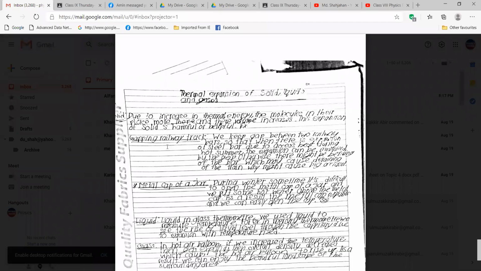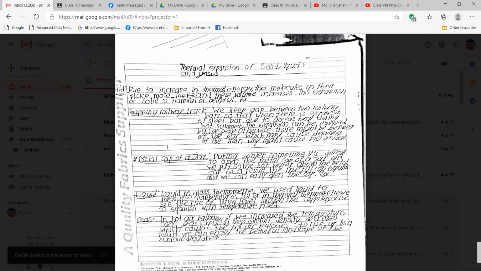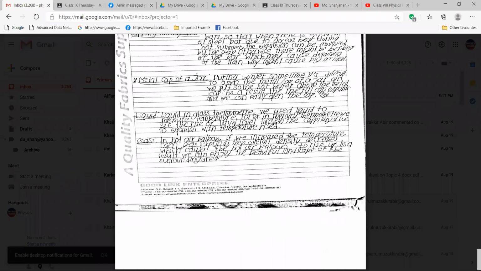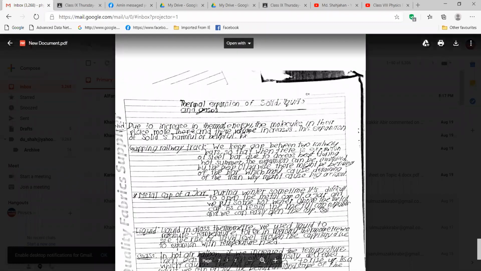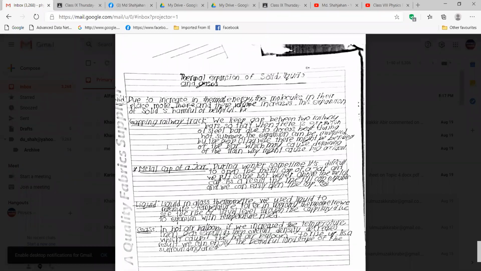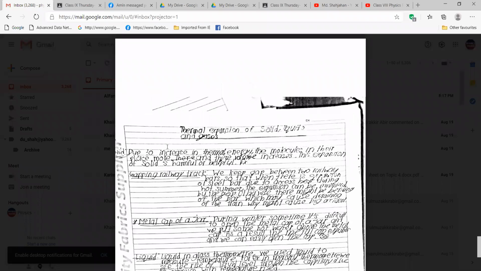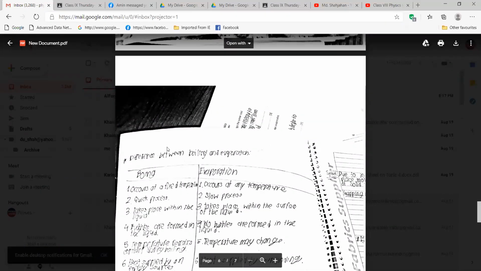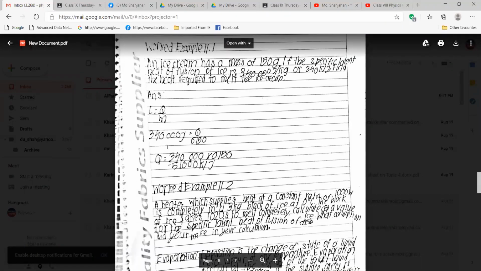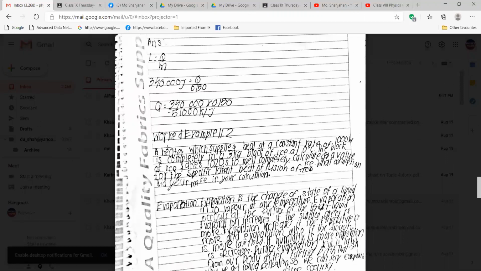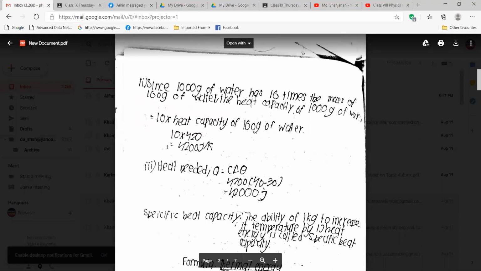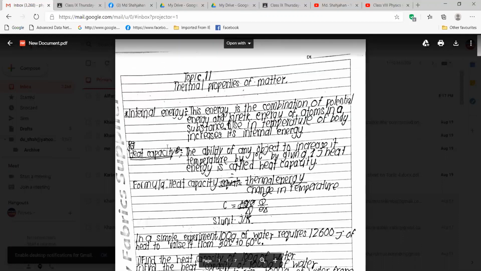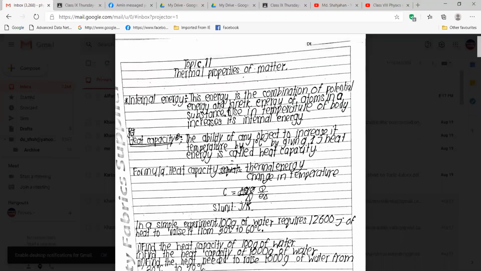We discussed thermal expansion of solids, liquids, and gases. We did it. It is in topic 11. I am talking about the distinguishing properties of solids, liquids, and gases. That one you also wrote, right? Here you did not give that one. You did not write distinguishing properties of solids, liquids, and gases.